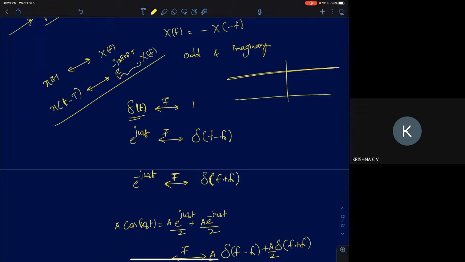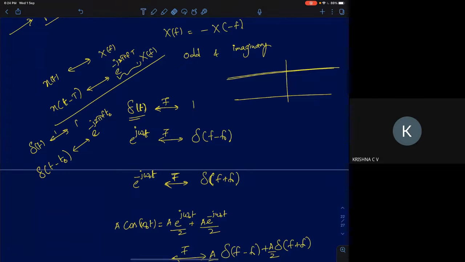Now if I have a signal delta of t with a Fourier transform of 1, and I try to find delta of t minus t naught, I've shifted the impulse by t naught seconds, then the Fourier transform is going to be e power minus j 2 pi f t naught. What is the magnitude of this function?